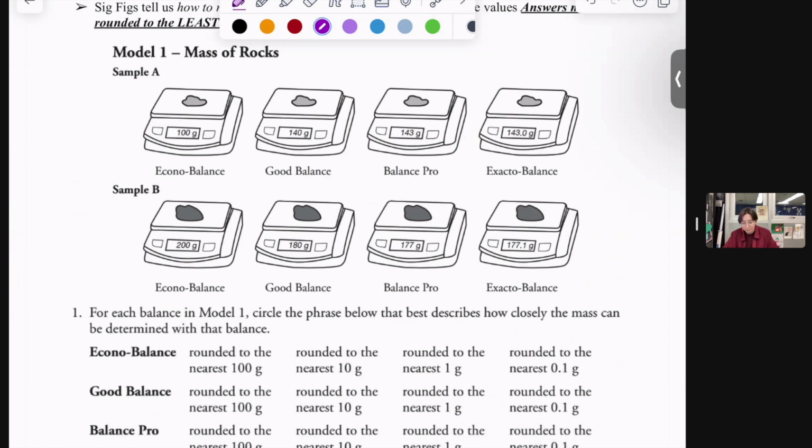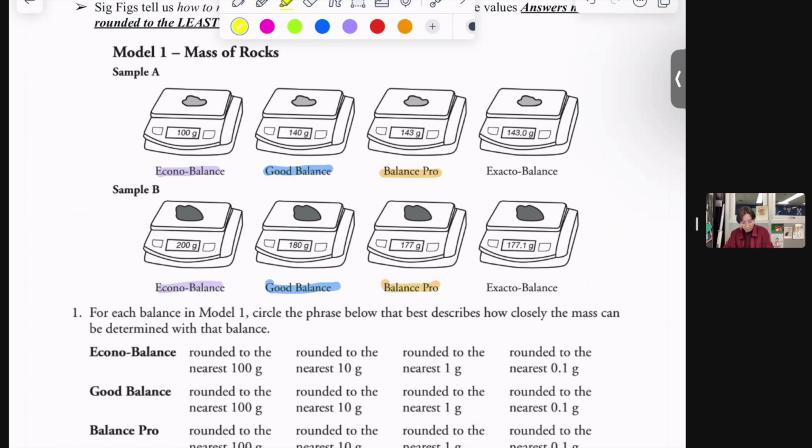So we have these two situations. I have a rock. I have rock A, and I measured rock A on 4 different balances. And then I also measured rock B on 4 different balances.